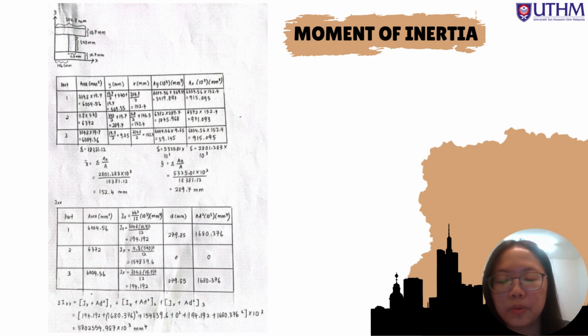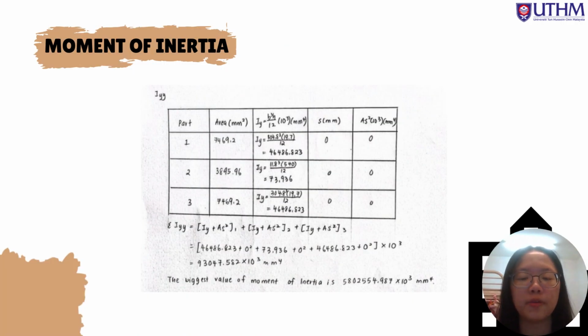And then in the second part we will calculate for the IXX, which is the area, the IX, D, and the AD squared. And we will calculate the total IXX, which is 5802,554.987 times 10 to the power of 3 mm4. And the last part we will calculate for the IYY, which is the area, IY, and the AX squared.